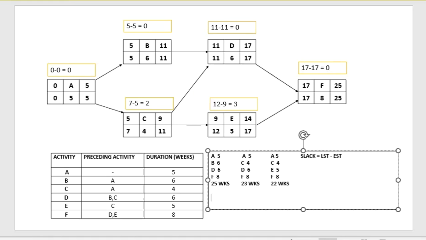So path A, B, D, F is equal to 0 plus 0 plus 0 plus 0, which is equal to 0 weeks, yeah?